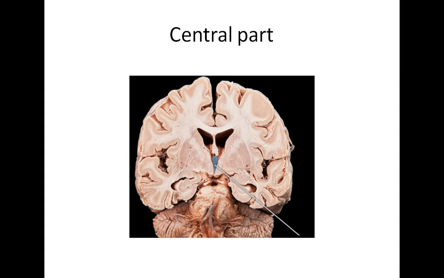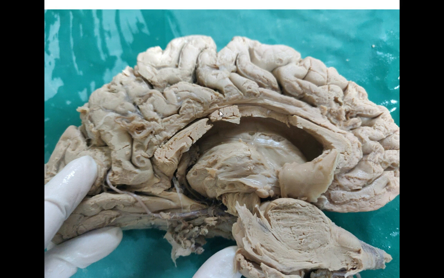Now first of all we will discuss about the central part. The central part of the lateral ventricle is elongated antero-posteriorly. Anteriorly it becomes continuous with the anterior horn at the level of the interventricular foramen. Posteriorly the central part reaches the splenium of the corpus callosum.